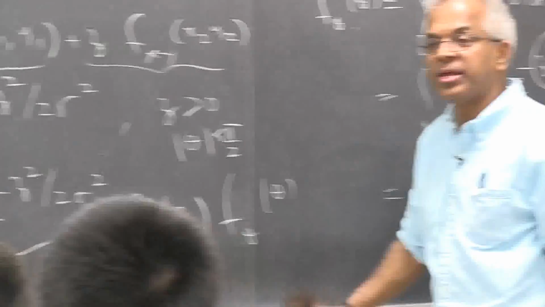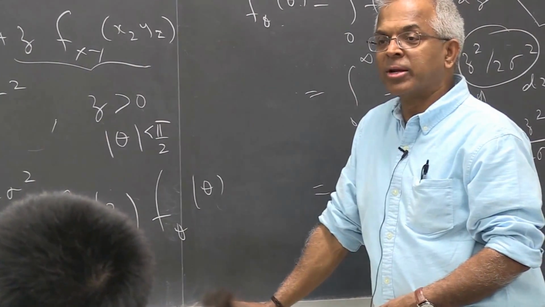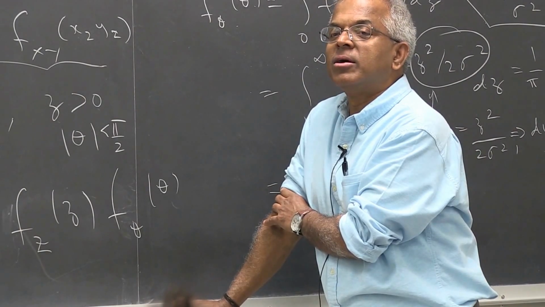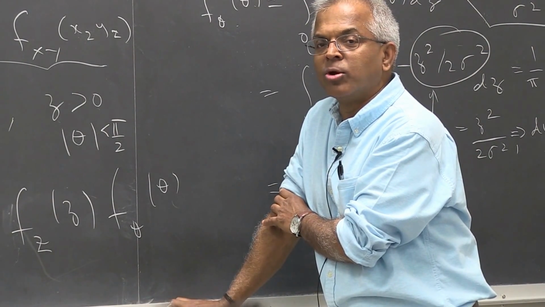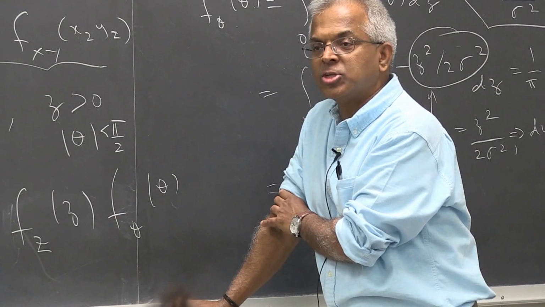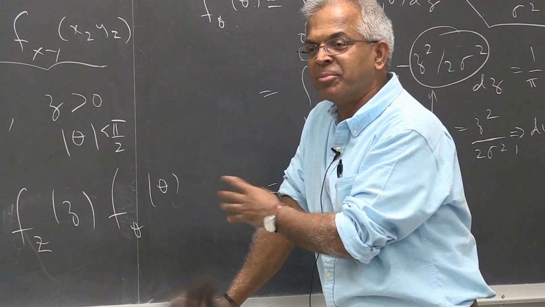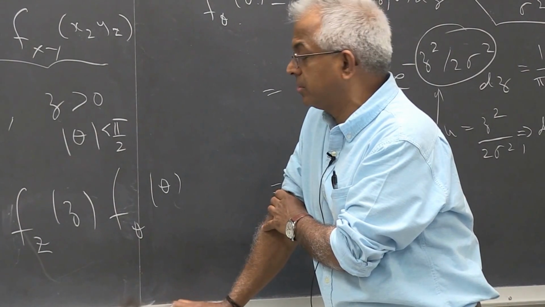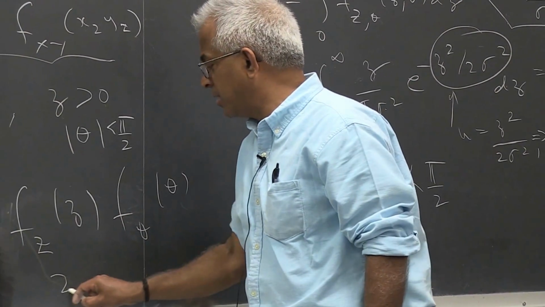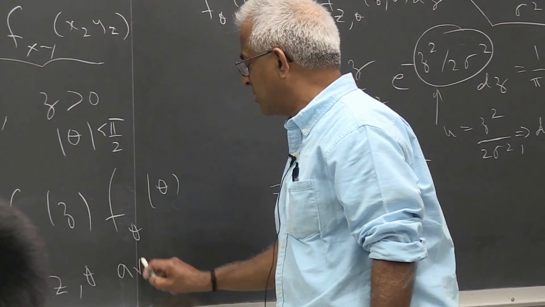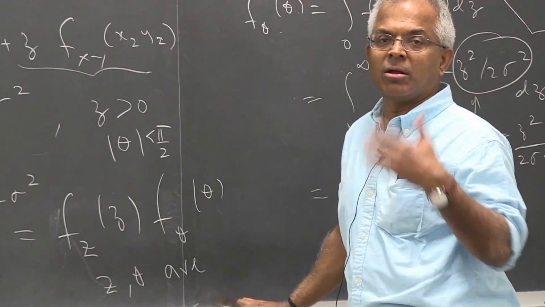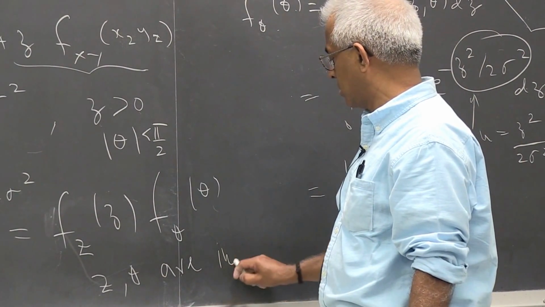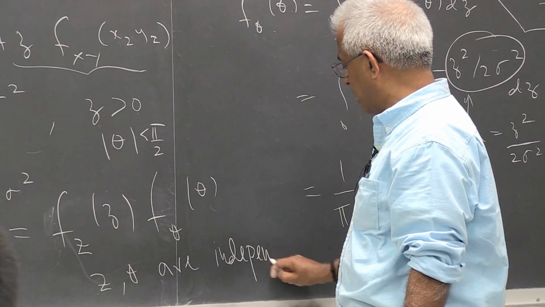So what do we conclude here? That you are wrong. They are independent. So there are always surprises, so don't be judgmental just by seeing a person. Same thing here, right? Don't be judgmental by seeing a problem. So z and theta are independent. This doesn't make any sense if you use common sense, but it is true.